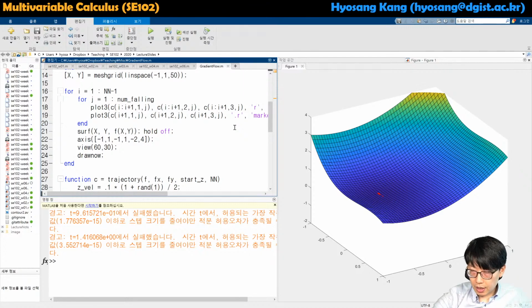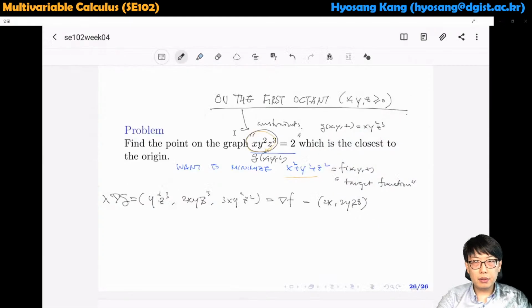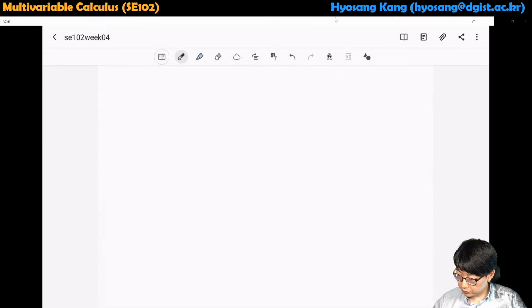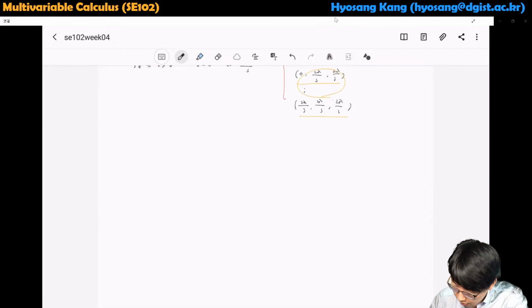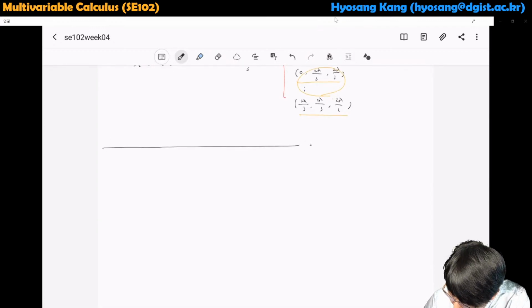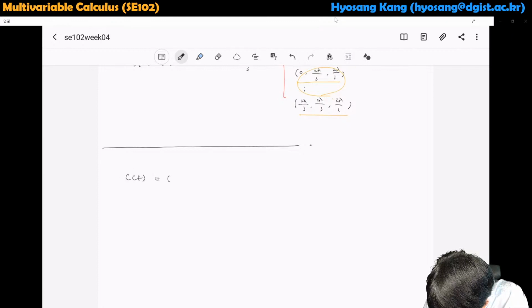So basically, I'm solving here. So let me change it to here. I want to solve this kind of equation. Let's say we have c(t) as x(t) and y(t) here.